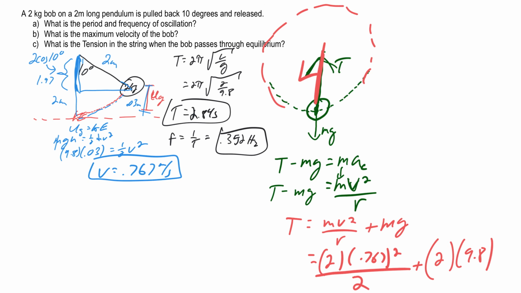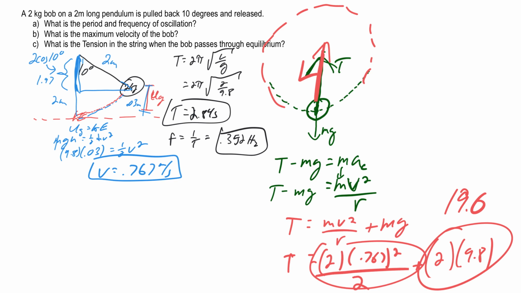Okay, so the tension is going to be 19.6. Now notice it's going to be greater than that. As we talked about earlier, this tension has to be greater than mg. So 19.6 plus this, which I get as 0.5776. So the tension is 20.2 newtons.